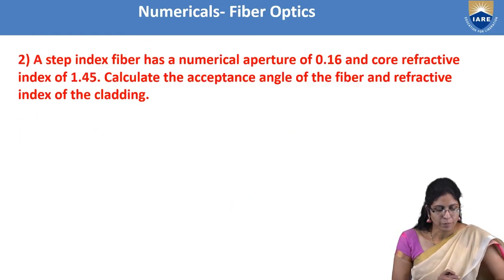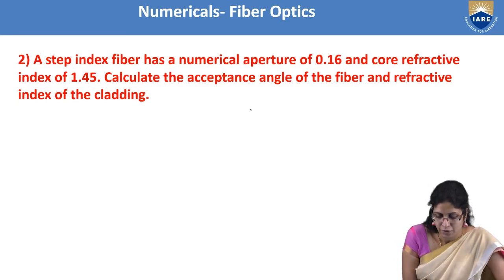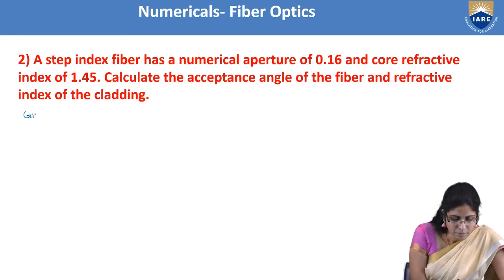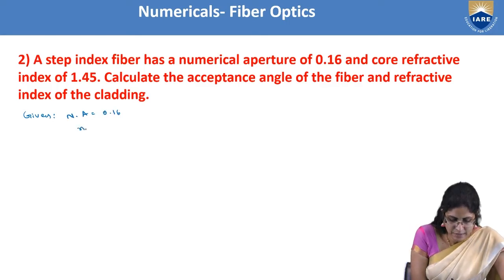Coming to the second problem: a step index fiber has a numerical aperture of 0.16 and a core refractive index, that is n1, of 1.45. Calculate the refractive index of the cladding, that is n2, and the acceptance angle.